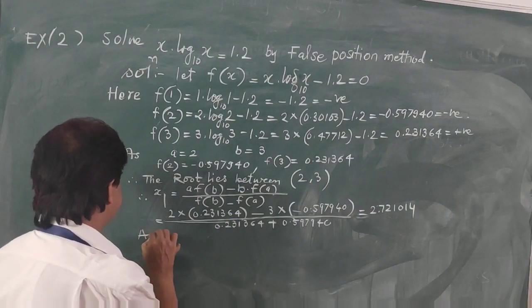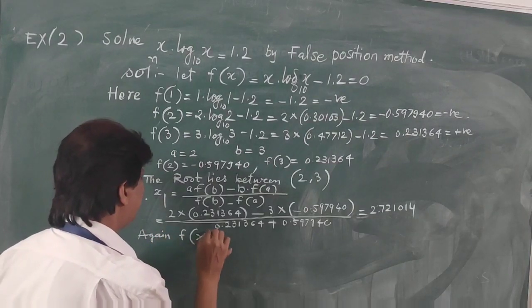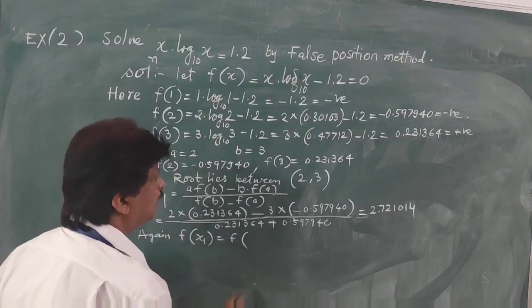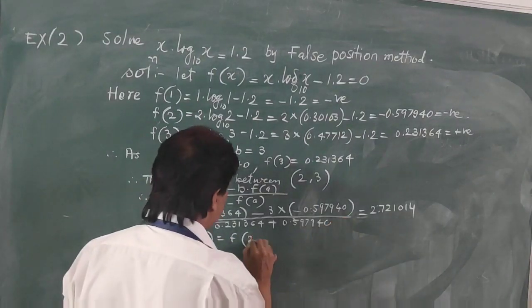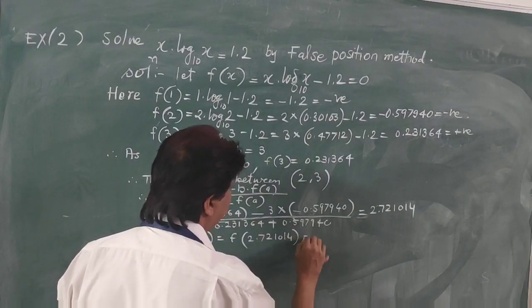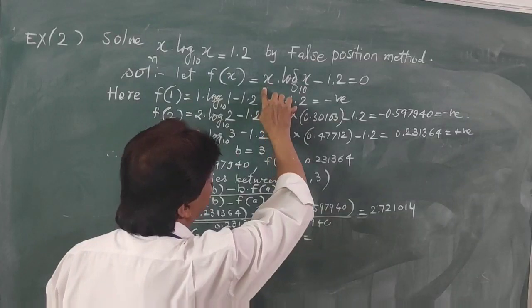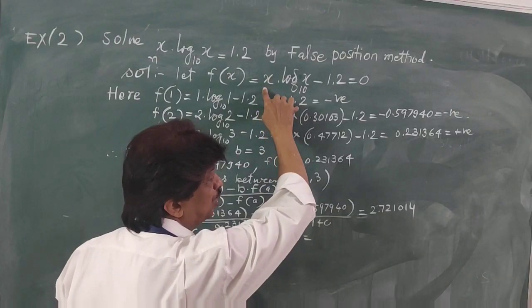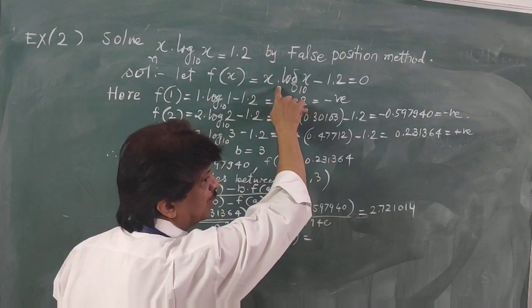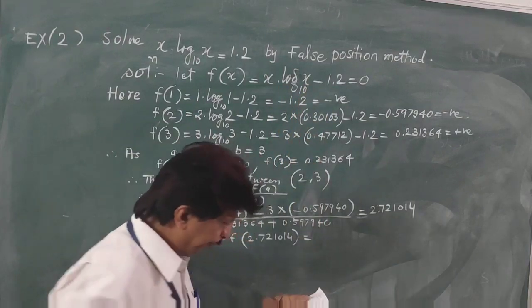Again, f of x1, that is equal to f of 2.721014. Put the value of x as this in this equation: 2.721014 into log of 2.721014 to the base 10 minus 1.2.